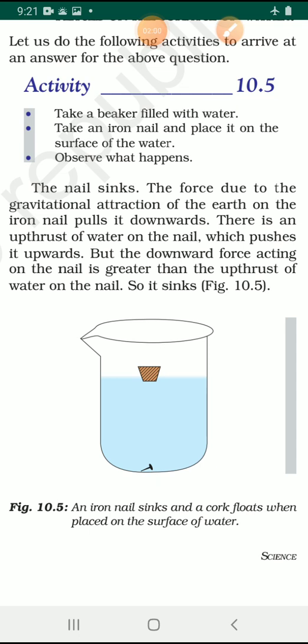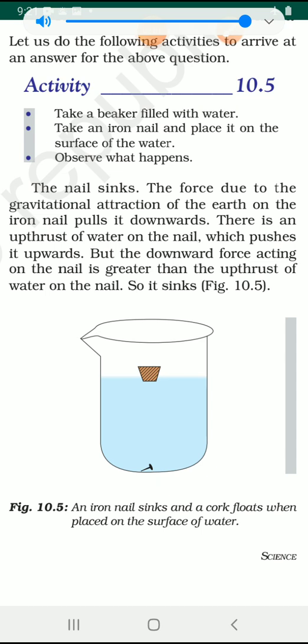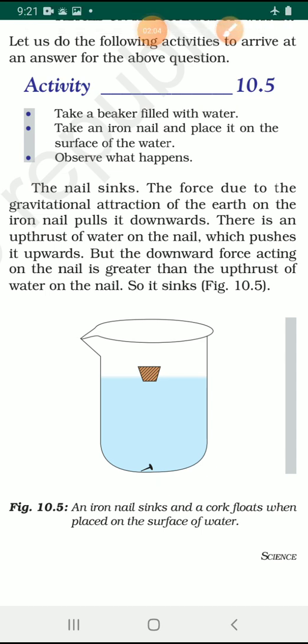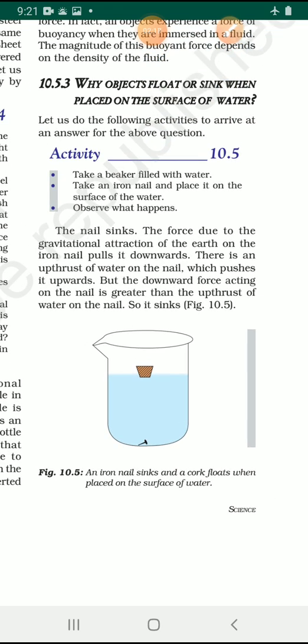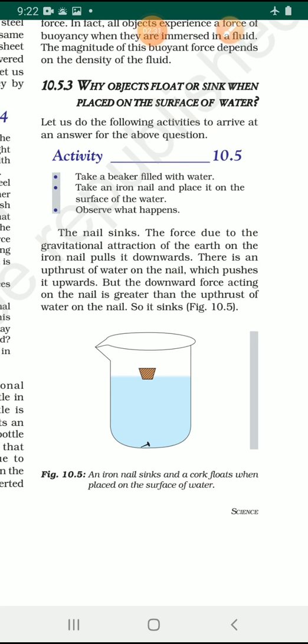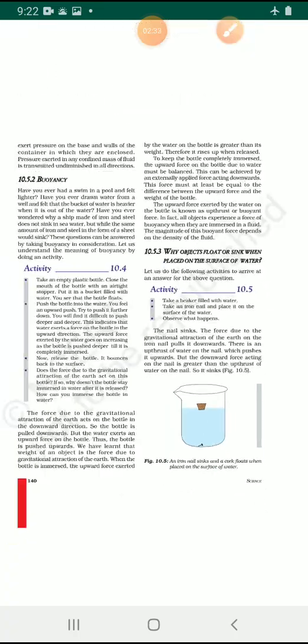For example, a block of ice which weighs around hundreds of kgs, when you throw that ice block in the water, the block starts floating, wherein a small nail or a small coin, or you may take just a 1 rupee coin, if you throw it in the water, it easily sinks down. So this is the reason.